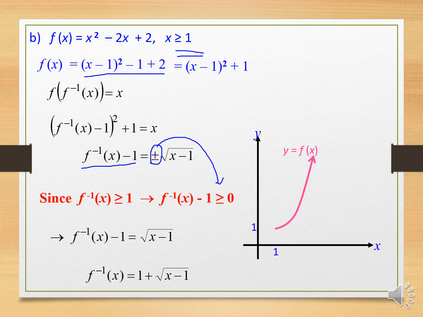Now we sketch the graph, which is half of the original graph. It is in the domain 1 to positive infinity. And the graph of y equals f(x) is like this. Draw the reflection line y equals x. And we reflect the graph y equals f(x) on this line. Therefore, we have y equals f inverse(x) as this graph.